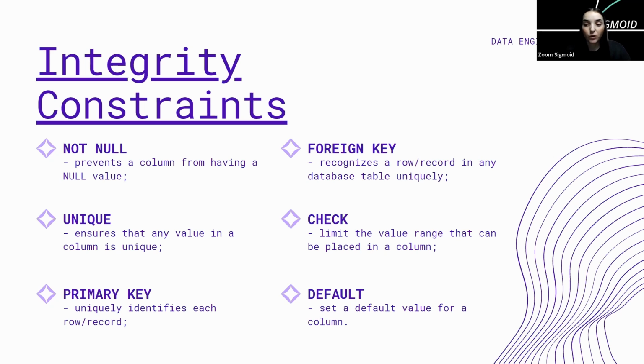The foreign key is a column or a set of columns corresponding to the primary key of another table. The foreign key is used to define relationships between tables. For example, we have a table student, which contains information about students, including the ID, which is the primary key.